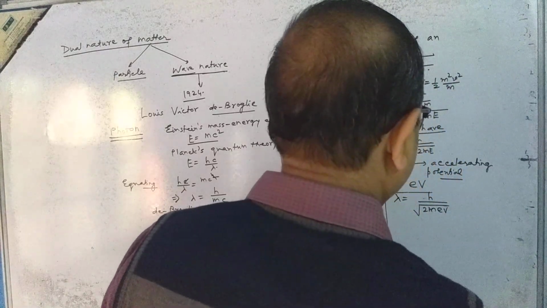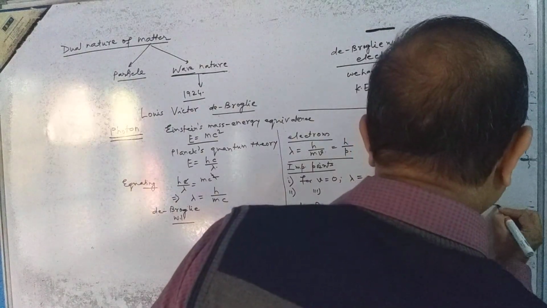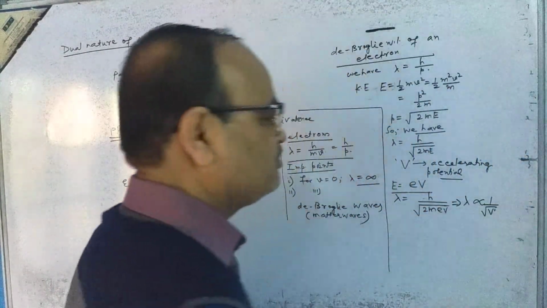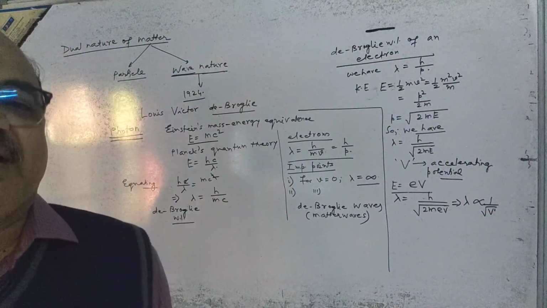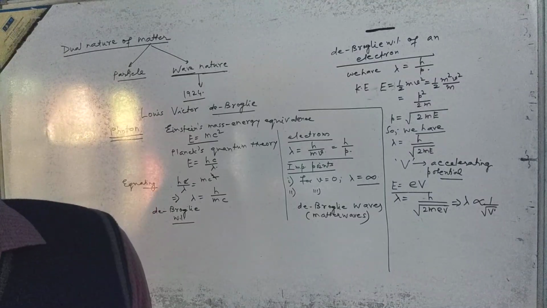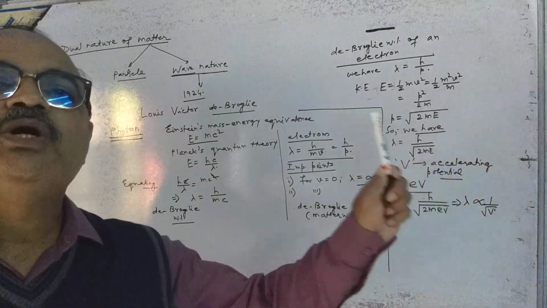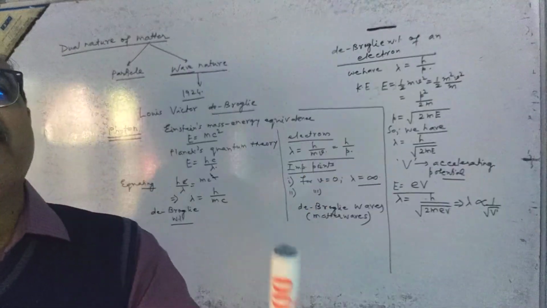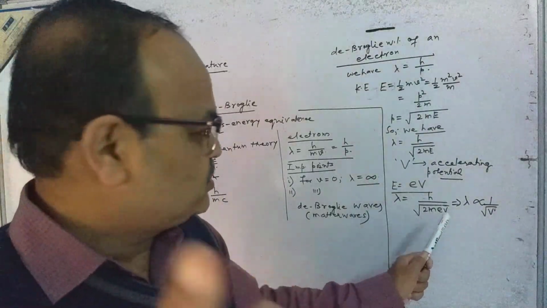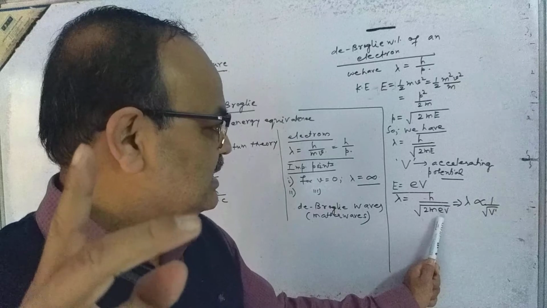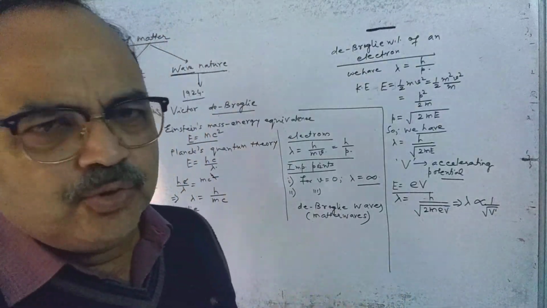A very important expression, which implies lambda is inversely proportional to root V. That is, the de Broglie wavelength is inversely proportional to the square root of the accelerating potential. Because h is a constant, m is the mass of the electron, e is the charge of the electron, all are constants.